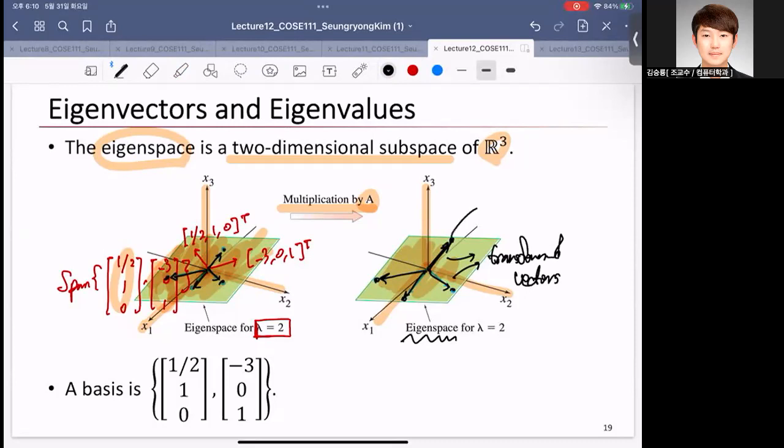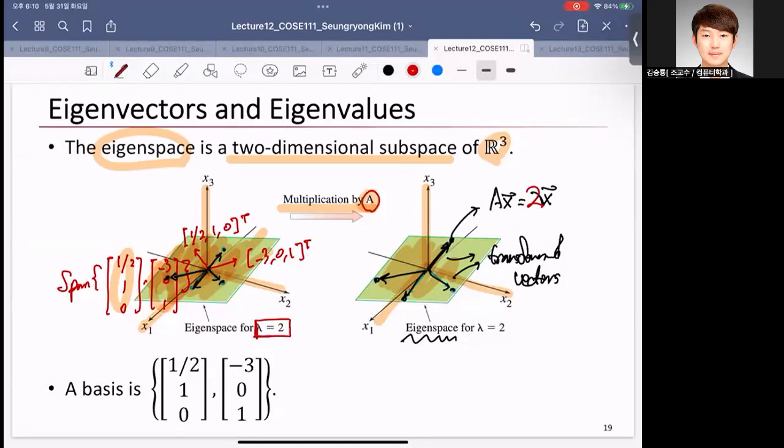In other words, this vector satisfies Ax = λx, where lambda is equal to 2. That's the property.